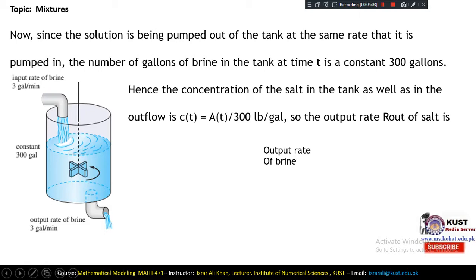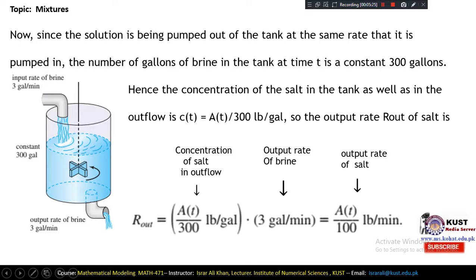So the amount of solution in the tank will always remain the same, that is 300 gallons. We are not sure about the concentration of salt, how much it would pump out, so we denote it by A(t) divided by the total amount of that solution. So this is the formula for R_out, A(t) divided by 300.